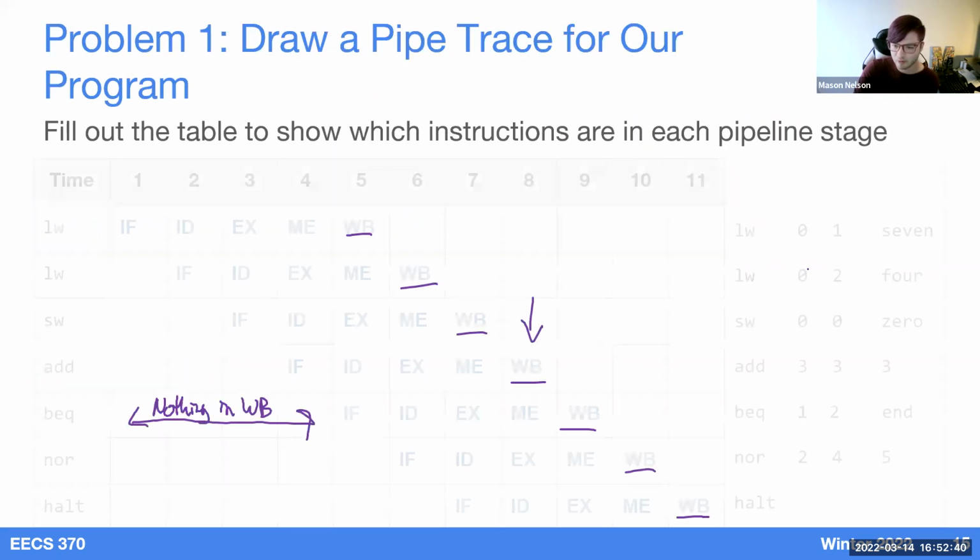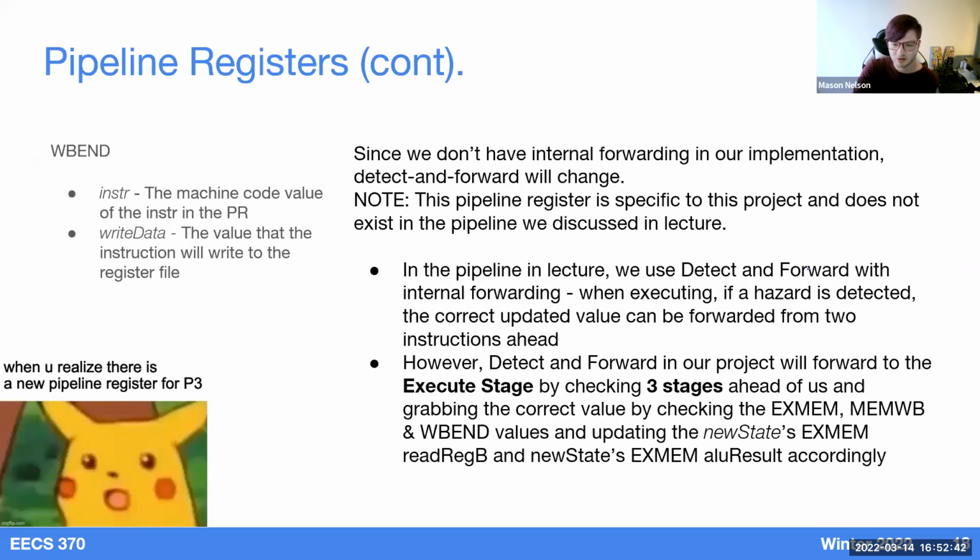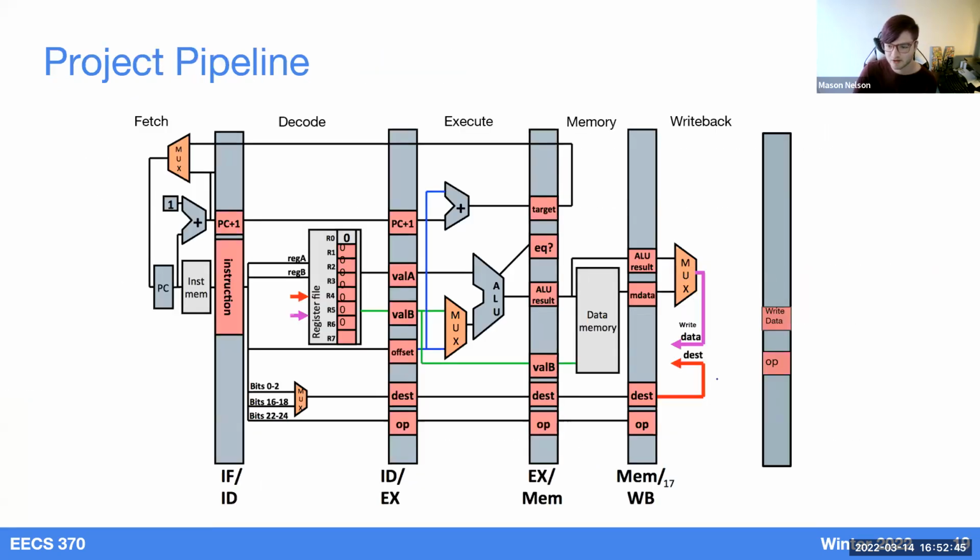And we're going to do that with an additional pipeline register. So we have this pipeline register here that will just copy the write data from this purple wire, and that will allow you to forward back to the beginning of the EX stage, just like you would with any of the other stages, specifically pipeline registers, not stages.